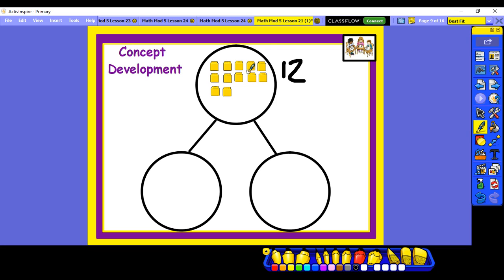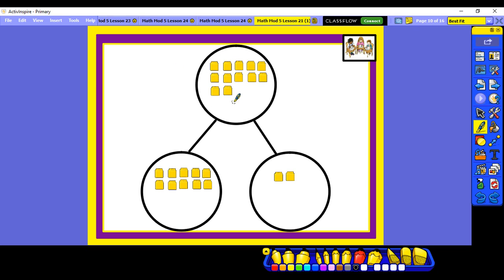Yes, our parts would be a group of 10 and a group of 2. So my number bond should have 12 as the whole amount, 10 as one part, 2 as the other. 10 and 2 make 12.